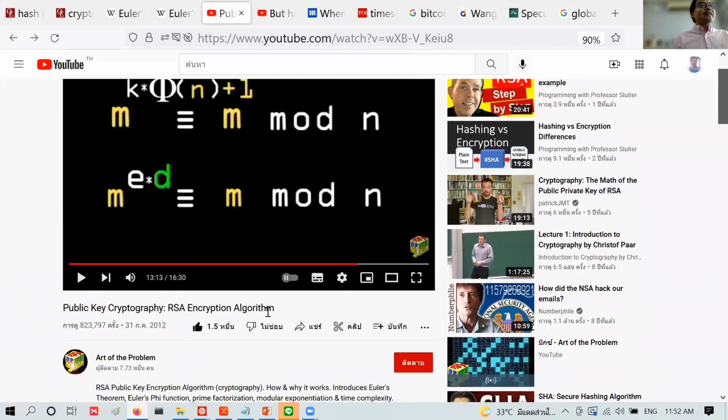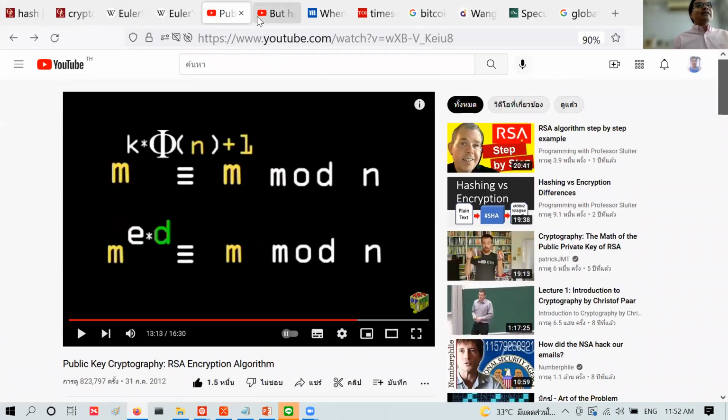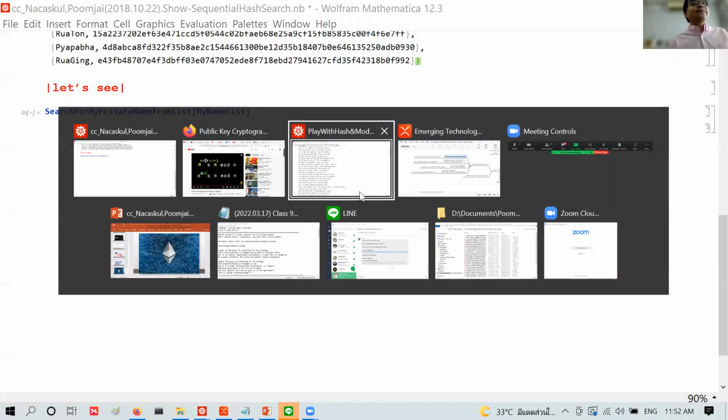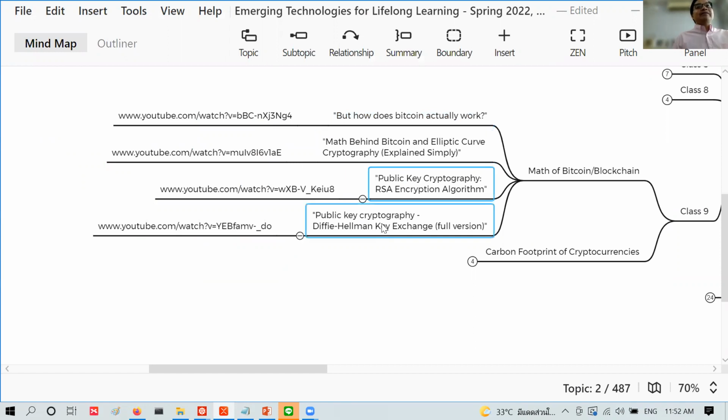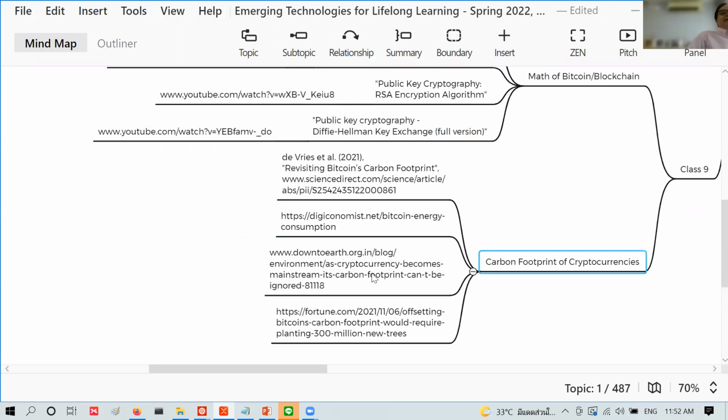And this is another one that's good, but this is a bit more for next class. It's about public key cryptography. So this one and maybe this one, these two are basically for next class. The carbon footprint debates, go read that.